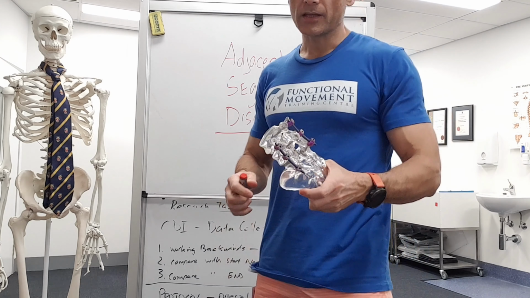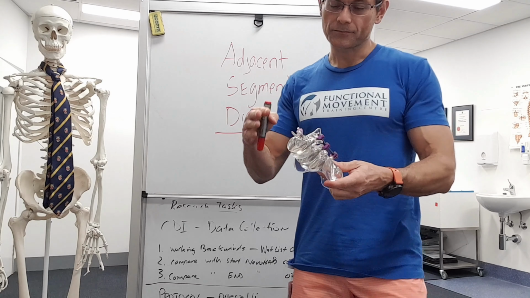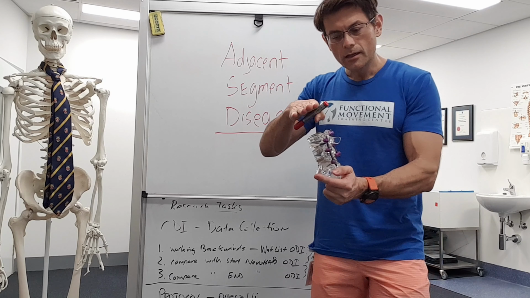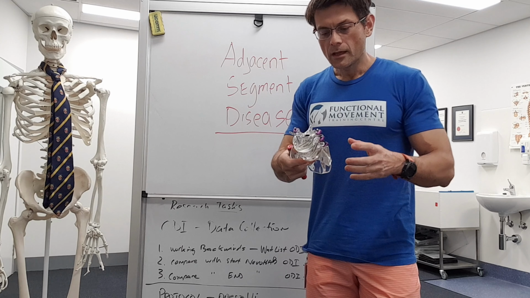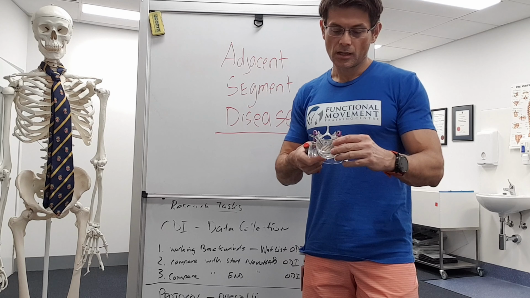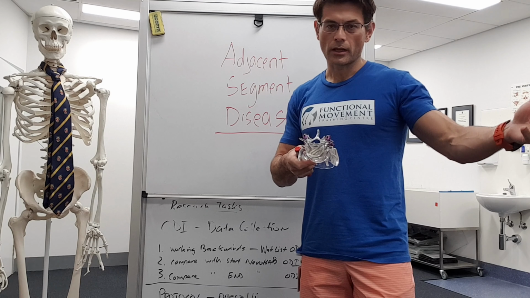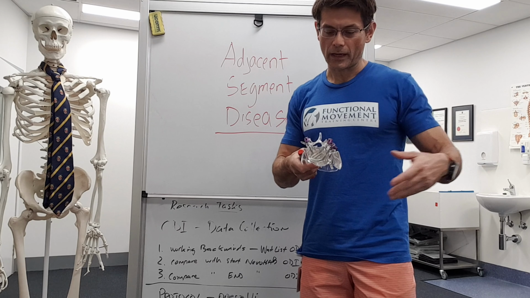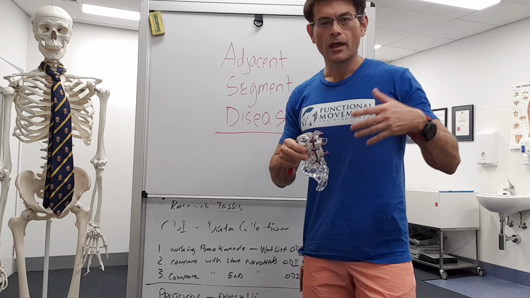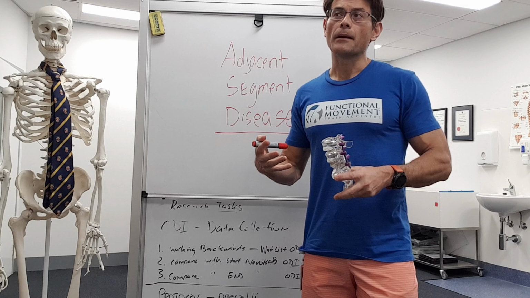Adjacent segment disease really means that in most cases the next door neighbour above the fusion undergoes structural changes that then lead to further back pain. Patients may benefit from their lumbar fusion, and then a few years later they get back pain again.